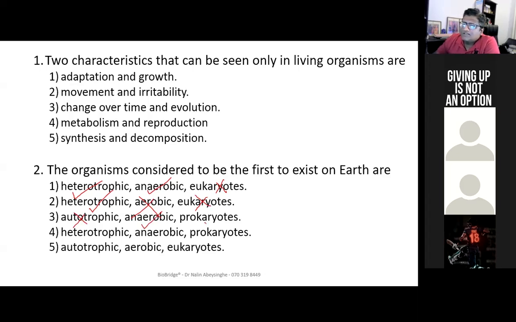Prokaryotes? Yes. Heterotrophic? Yes. Anaerobe? Yes. Prokaryotes? Yes. Autotrophic? No. Aerobic? No. Eukaryote? No. So the answer is 4. Got it? It's simple. You have to read the whole question to formulate the answer, right?